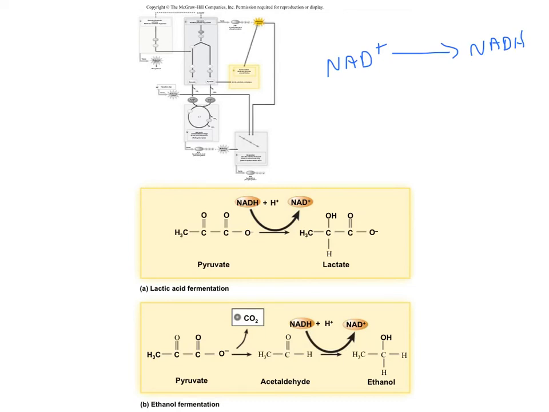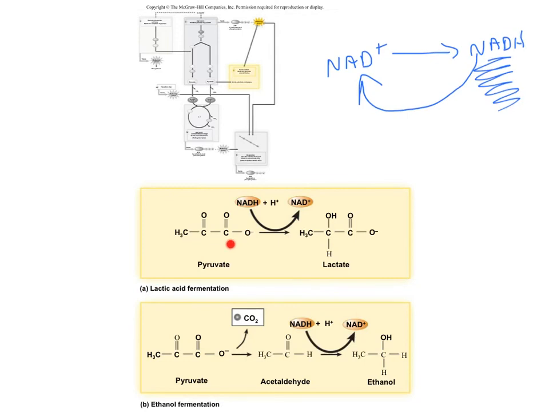The oxidation reduction step cannot occur if all of it is in this form. So we need to regenerate the NAD plus so that we can allow glycolysis to continue, and we continue to generate a small amount of ATP. That's the fermentation.